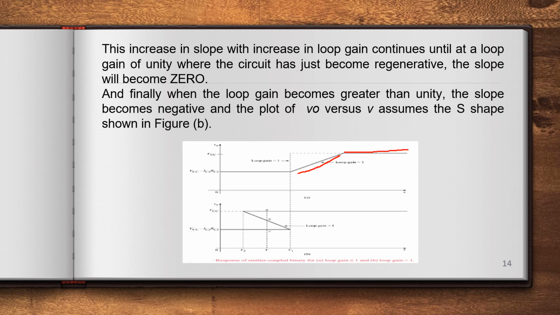And finally, when the loop gain becomes greater than unity, the slope becomes negative, and the plot V0 versus V assumes an S curve as shown in figure B.